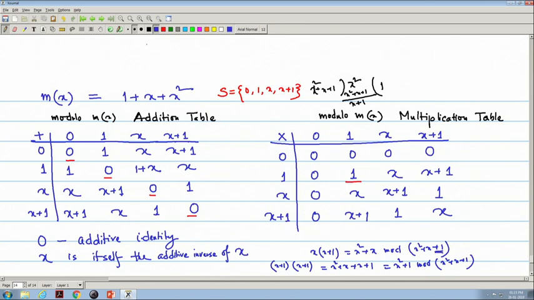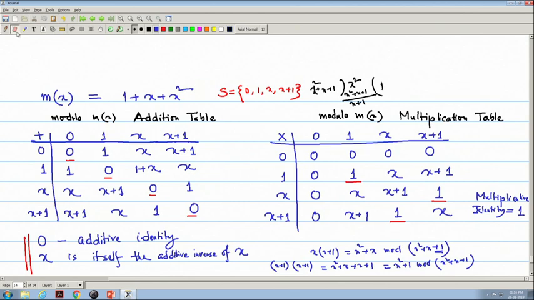So, I get multiplicative identity 1, here also I get 1. That means here my additive identity was there, and similarly here I get my multiplicative identity. I get multiplicative identity for all elements other than 0, and that is equal to 1.